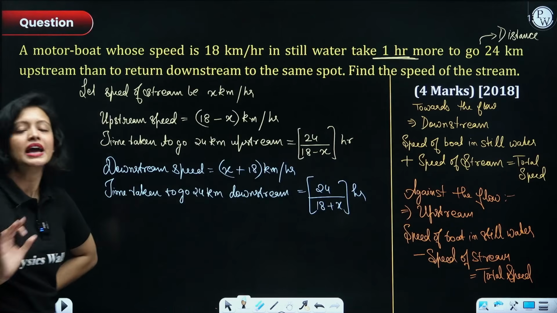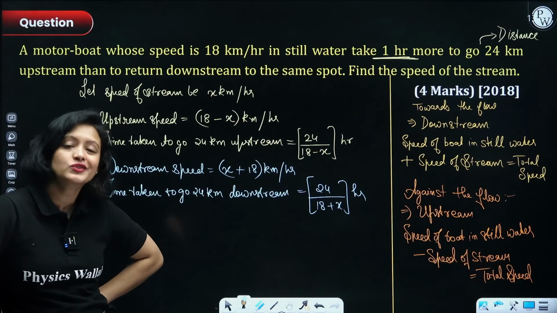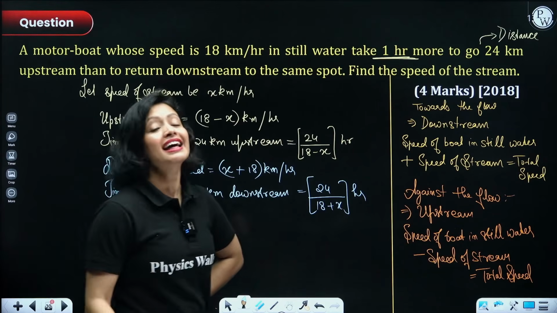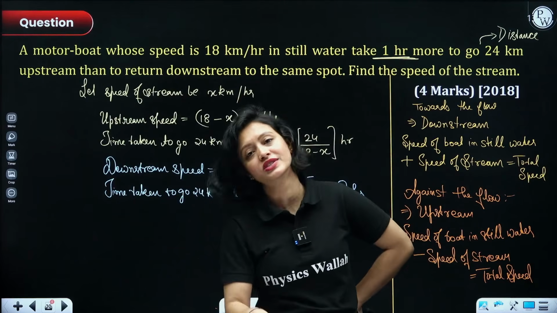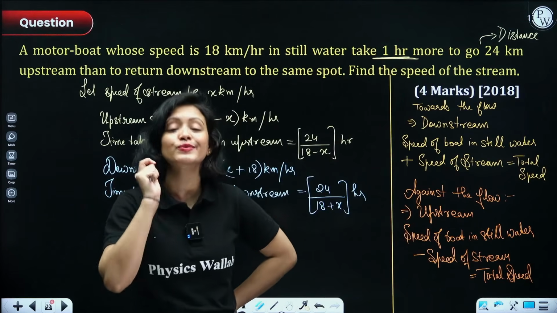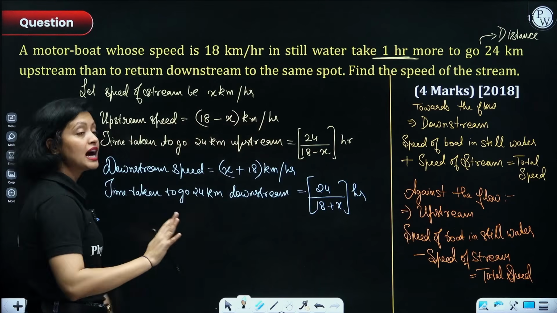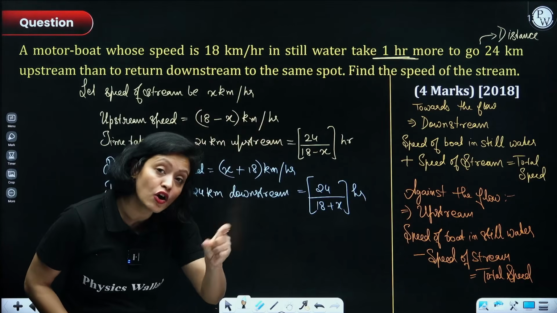ठीक है, हो गया? Now we have figured out the time taken to go upstream, time taken to go downstream, and we already know that the difference is 1 hour because it's written that the boat takes 1 hour more to go upstream than to go downstream, right? So I know that the difference between the times is 1 hour. So which one's the larger time here, guys? Again, use your brain. The smaller the denominator, bigger the number.